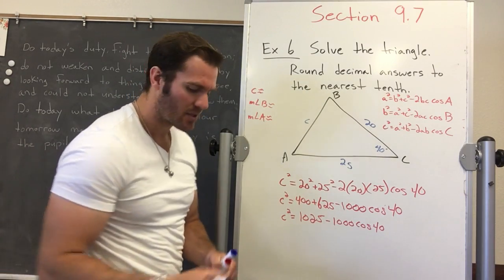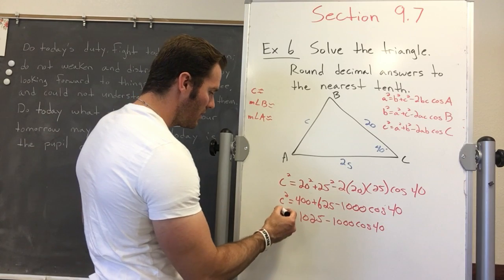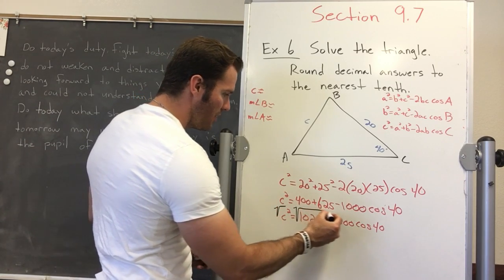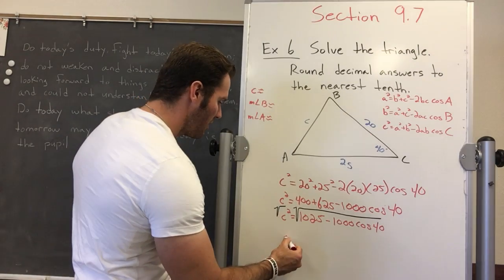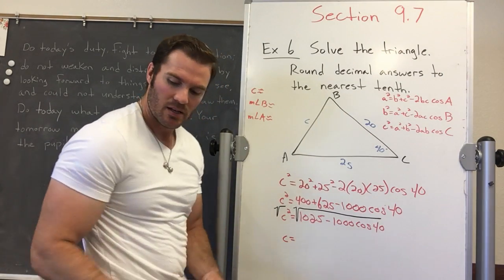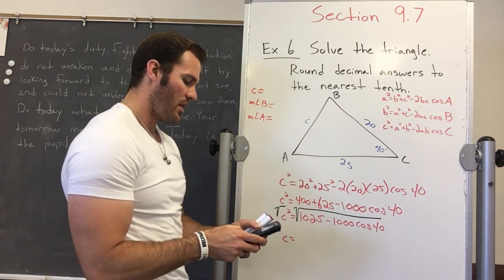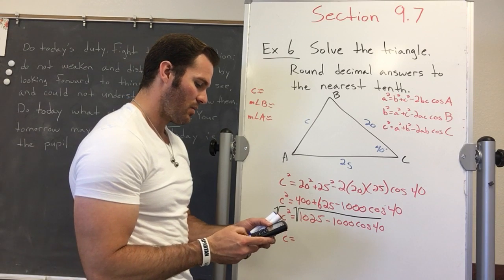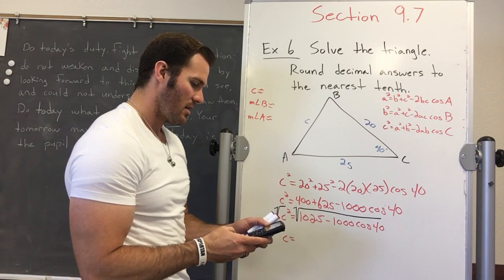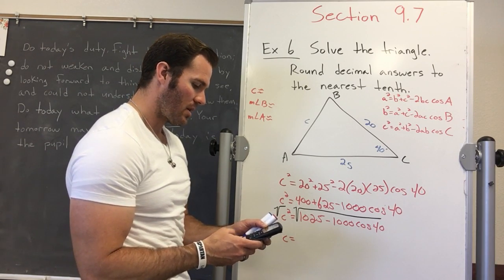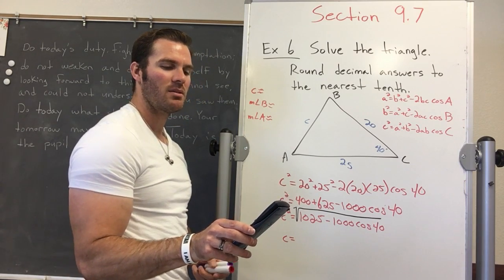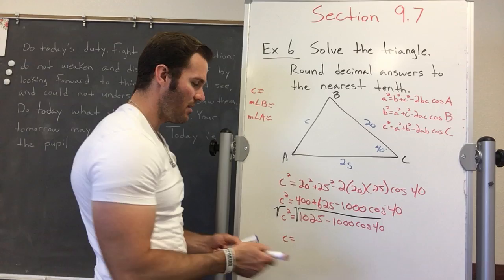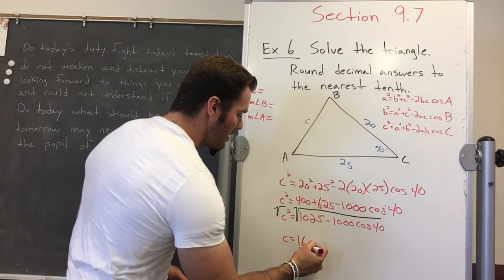Just go ahead and take the square root of both sides and solve for c. So you're going to get the square root of 1,025 minus 1,000 cosine 40, close your parentheses. I get approximately 16.09, round to the nearest tenth, so about 16.1.